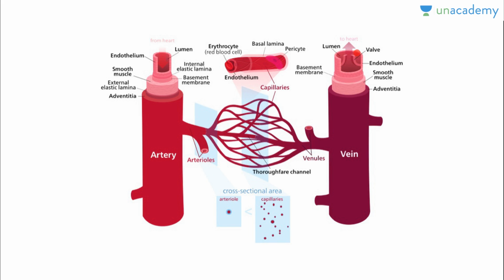It is broad in veins and narrower in arteries. Thirdly, see the wall. This is the smooth muscle layer, and this is the adventitia, and this is the intima. See, it is thick here, while this is very thin here. And the main difference is that arteries terminate in the capillaries, while the veins originate from capillaries.